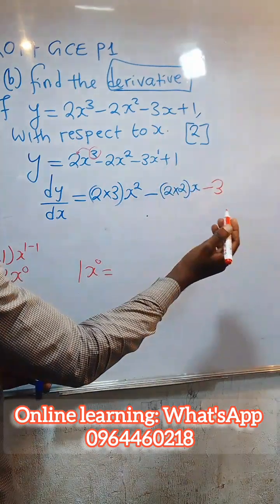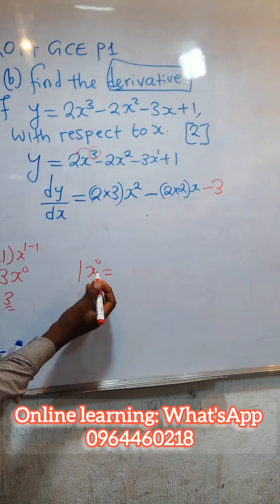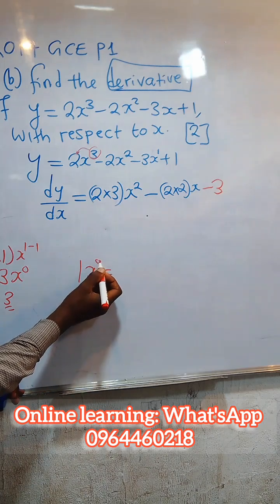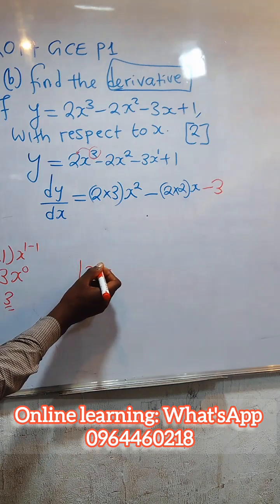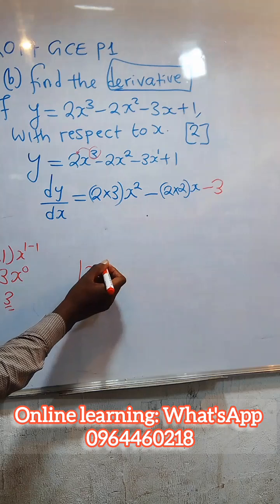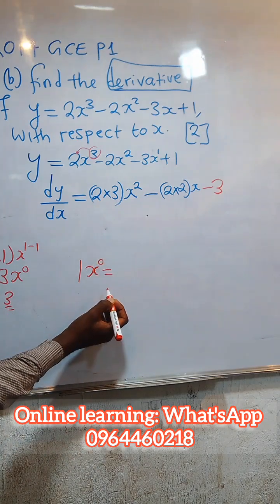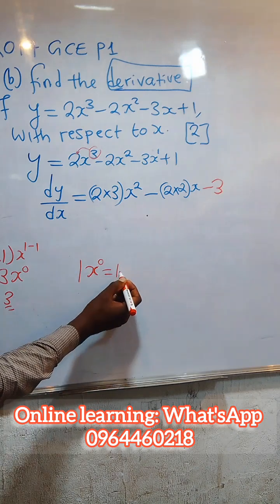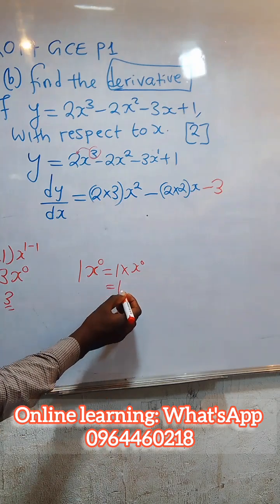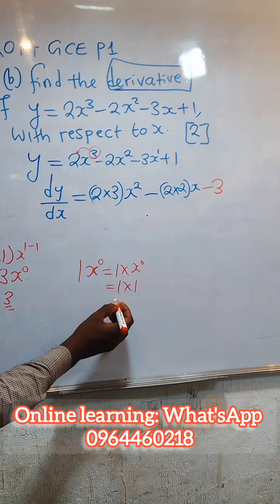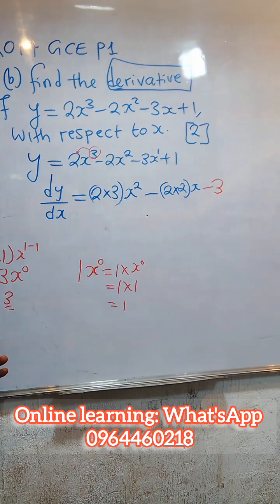So if you have 1, we just assume there is a variable raised to the power 0, because anything to the power 0 is 1, and 1 times x to the power 0 is 1 times 1, which is just 1. Hope we are getting that.